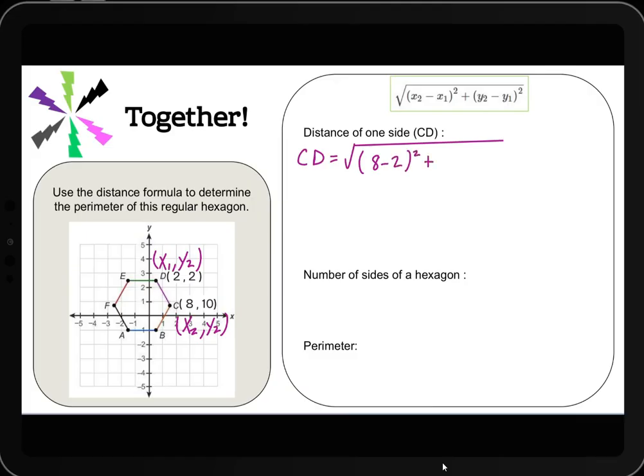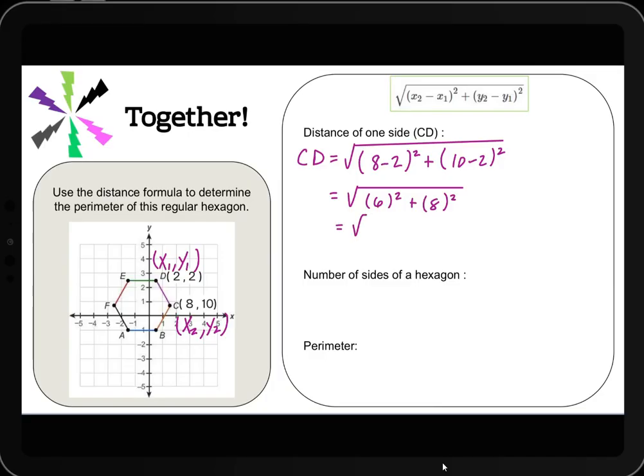My y2 is 10, my y1 I should say. Apologies for that. I just wrote that as y2 for some reason. So we have 10 minus 2, that's going to be right there. Very good. So now we can simplify that. We have the square root of, in this case, 6 quantity squared plus 8 quantity squared.